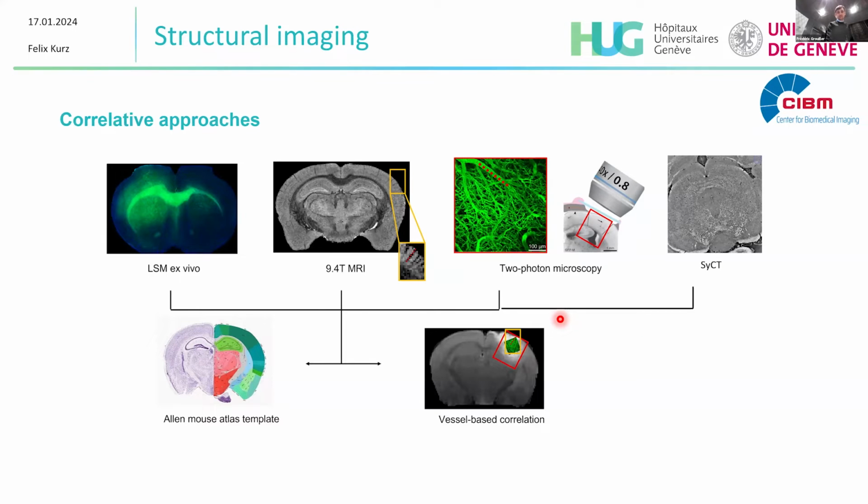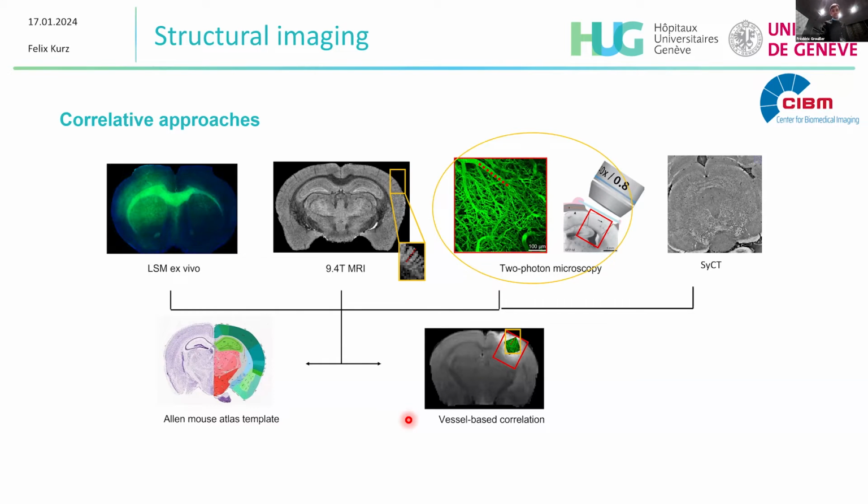And as I said, we worked a lot on correlative approaches with, in this case, 9.4 Tesla MRI in an animal setting. And correlative means we do an MRI, mostly in vivo, but also ex vivo of mice and rats. And we connect these results with multiphoton microscopy, synchrotron CT, but also light sheet microscopy, to give us a structural correlate of what we see in the MRI.